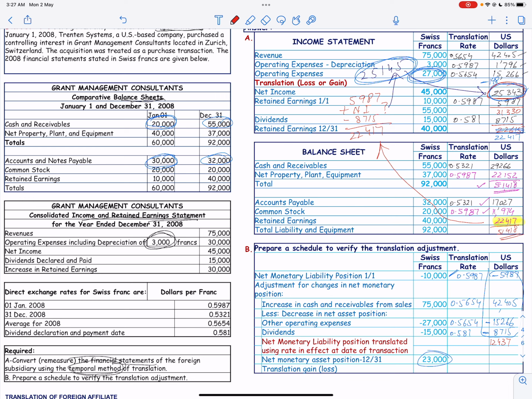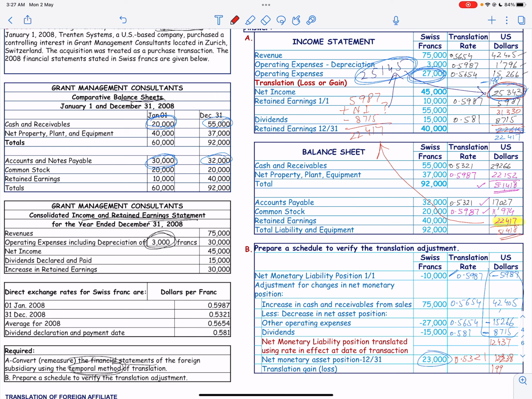On 31st of December, it is 23,000. We will use the current exchange rate of 0.5321. This will be equal to 12,238, and the difference is 199.